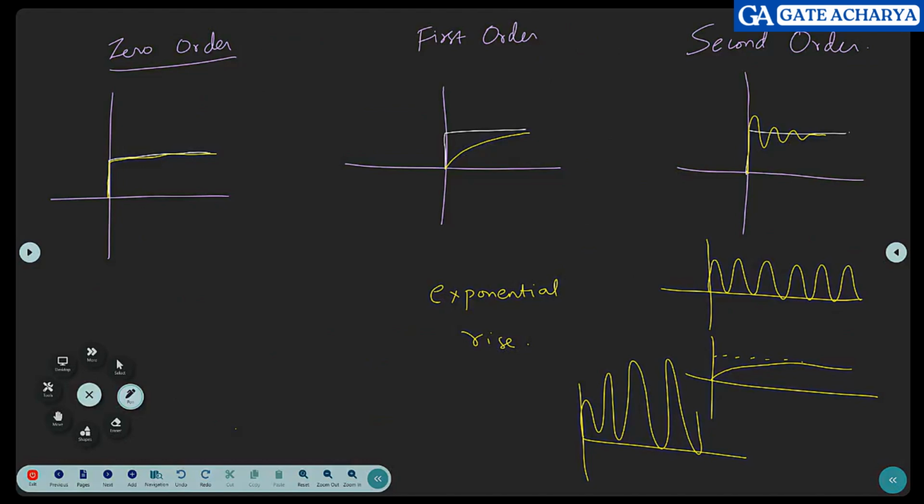We call this underdamped, and this is undamped, and this can be critically damped or overdamped, and this is unstable.